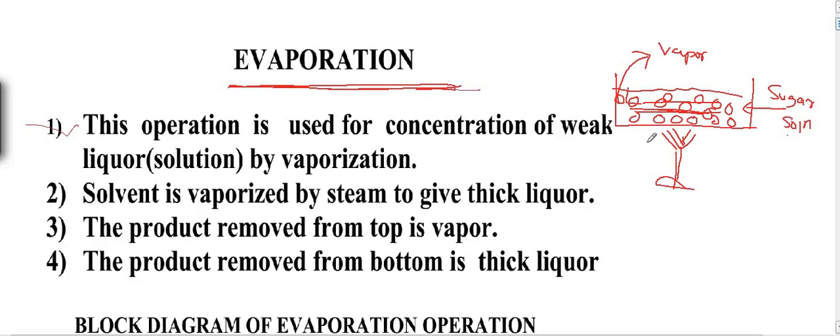That means, suppose in the beginning we have 10 gram sugar and 90 gram water. Water is the solvent. When we heat this sugar solution, out of this 90 gram of solvent, a certain part of the water gets vaporized and is removed.